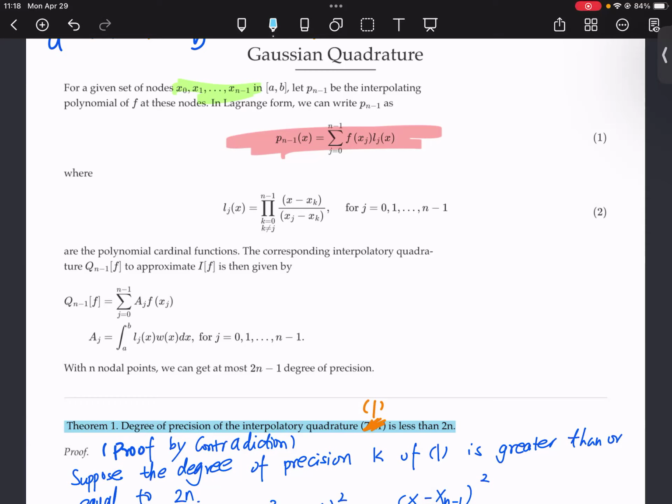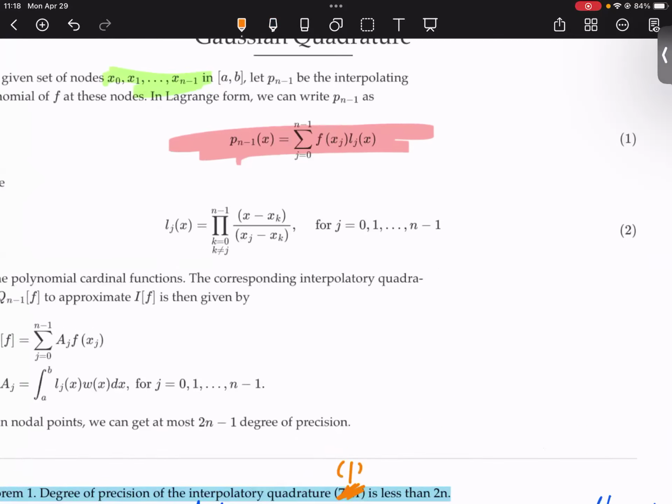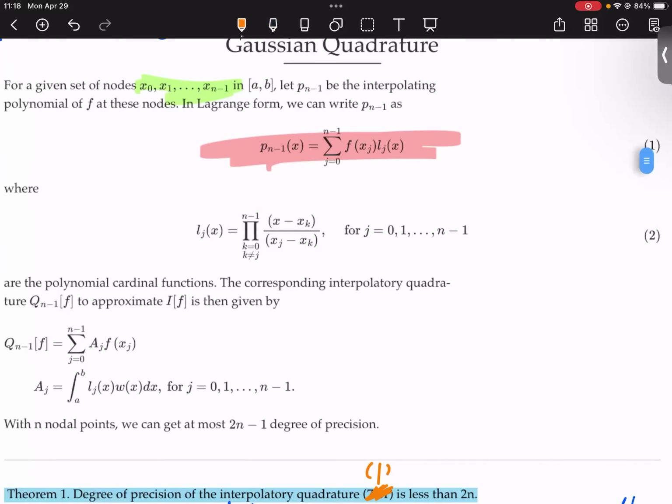I'm going to do the calculations again, since in my office hours some people got confused about this. So we are going to integrate P_{n-1}, the degree n minus 1 interpolation.